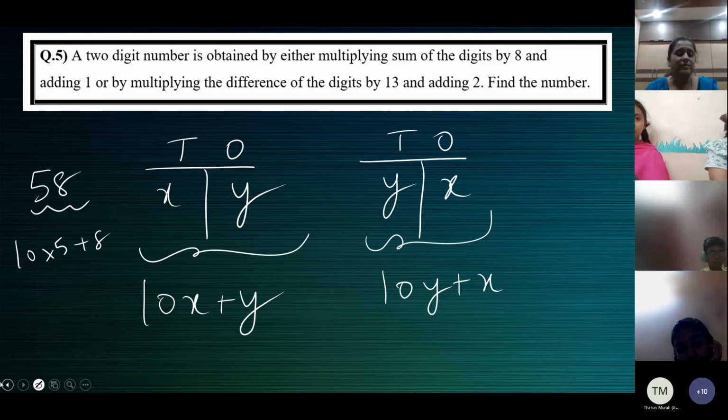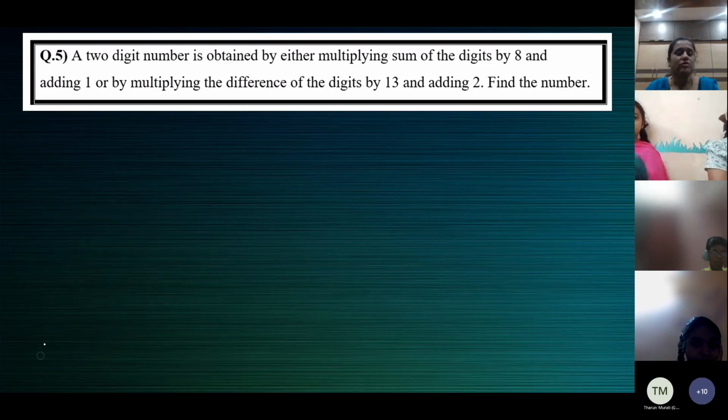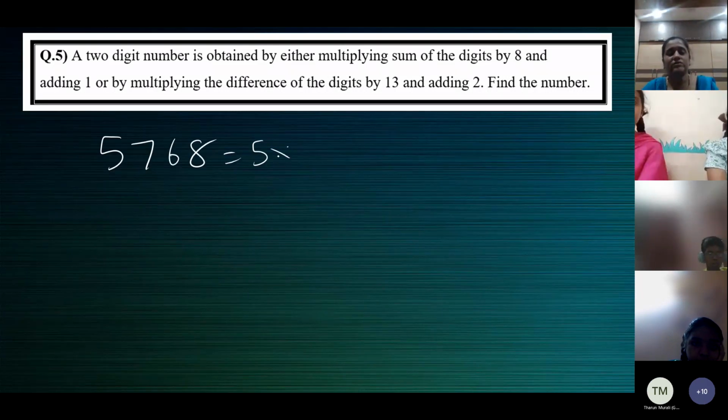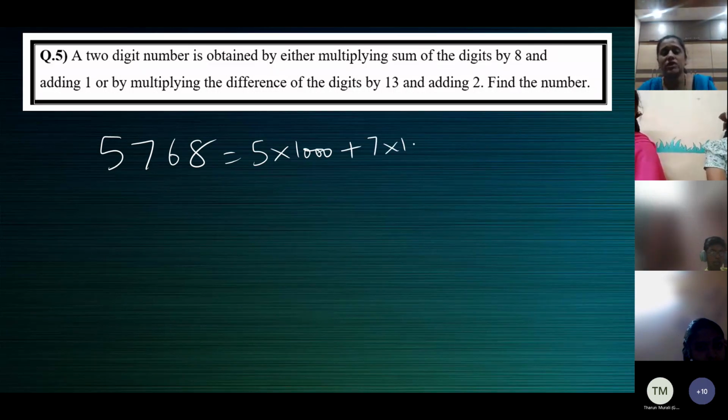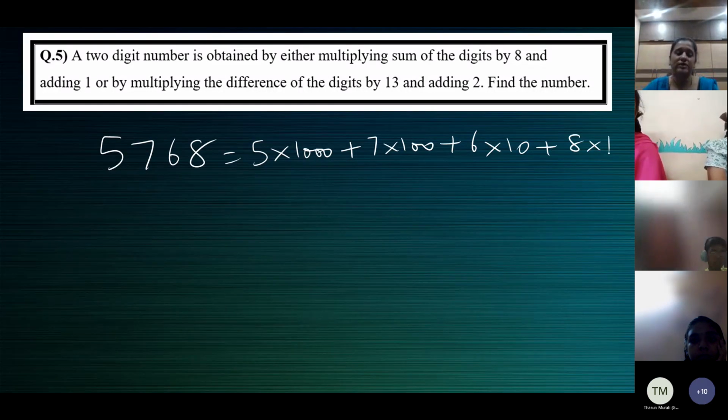How do you write numbers in the expanded form? How do you write 5,768 in the expanded form? 5 into 1,000, because it's in the thousands place, plus 7 into 100, because 7 is in the hundreds place, plus 6 into 10, because 6 is in the tens place, plus 8 into 1, because 8 is in the ones place.